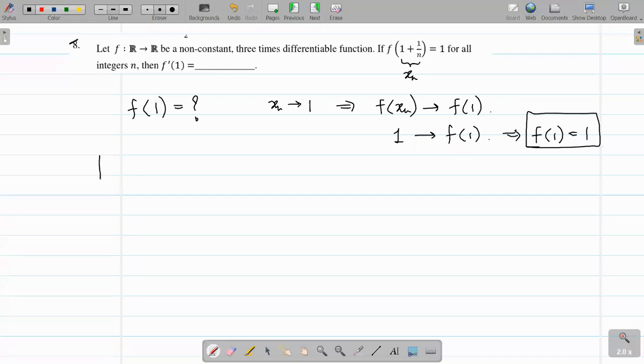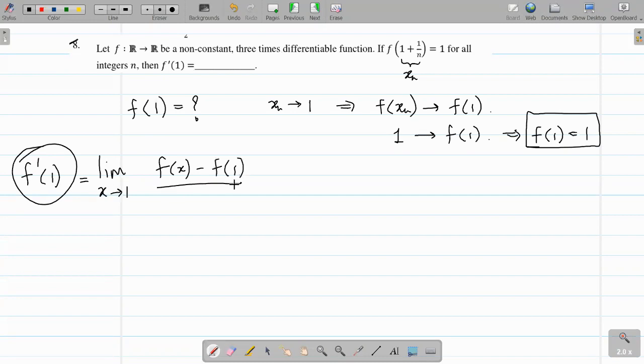Now look at f dash 1. What limit will you consider? The limit now, and it is existing. So I can simply write f dash 1 is equal to the limit as x goes to 1 of f x minus f1 upon x minus 1. Right?